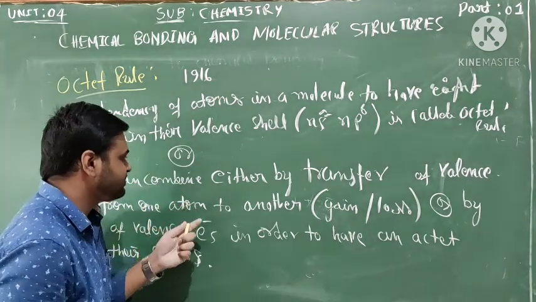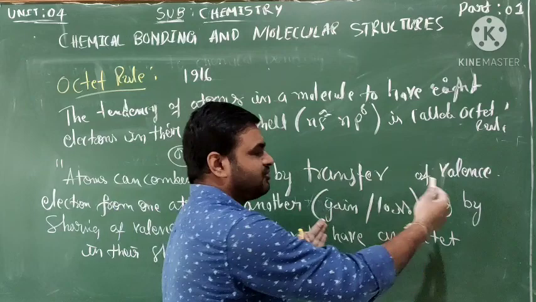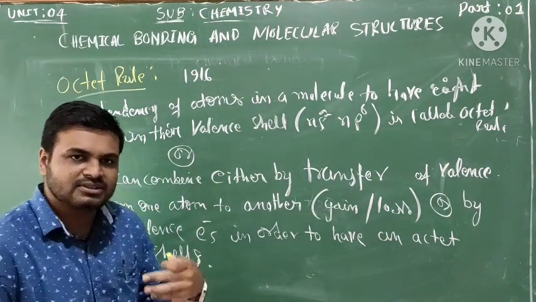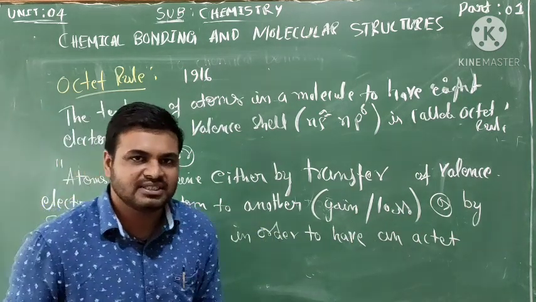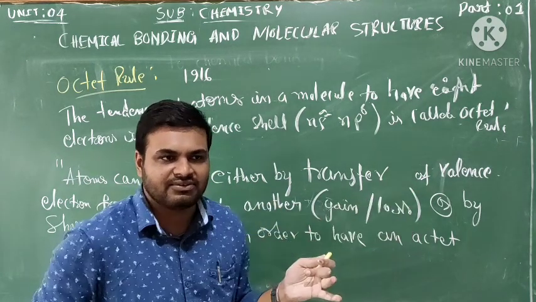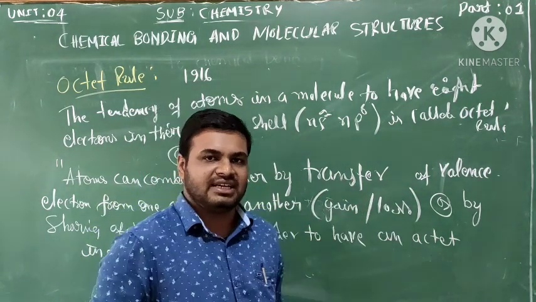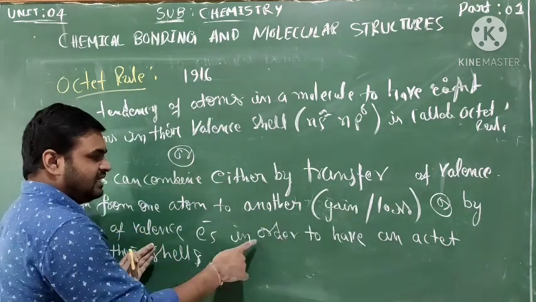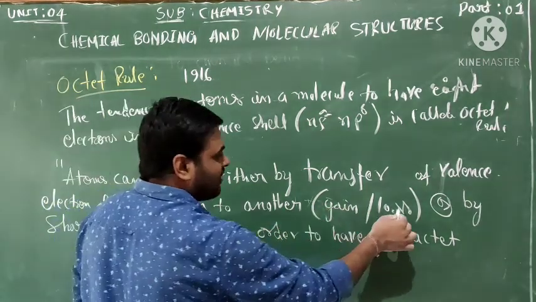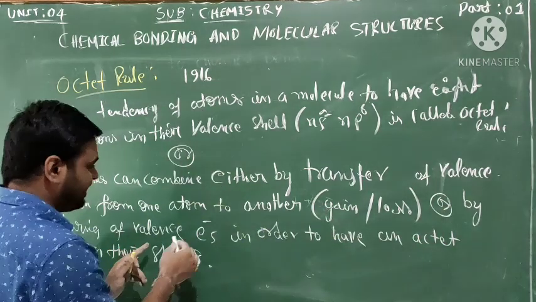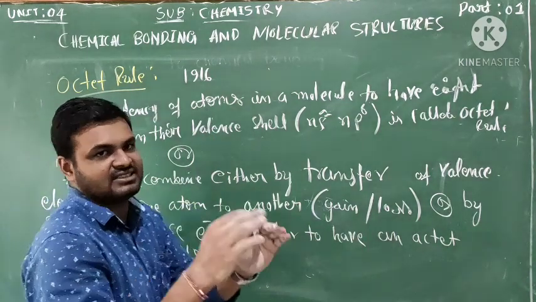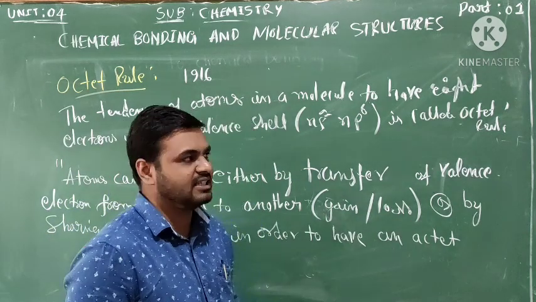Atoms can combine either by transfer of valence electrons from one atom to another, through gaining or losing electrons, or by sharing of valence electrons, in order to have an octet in their shells.